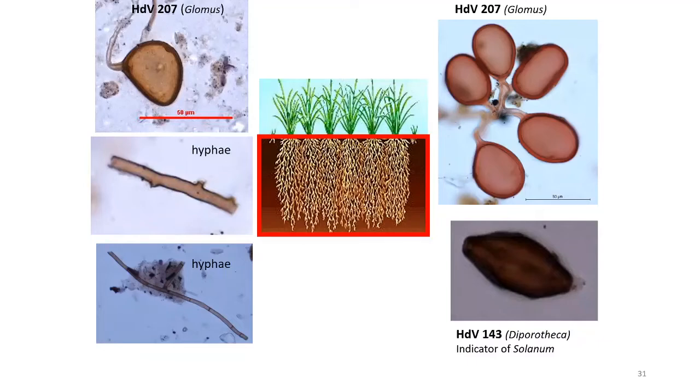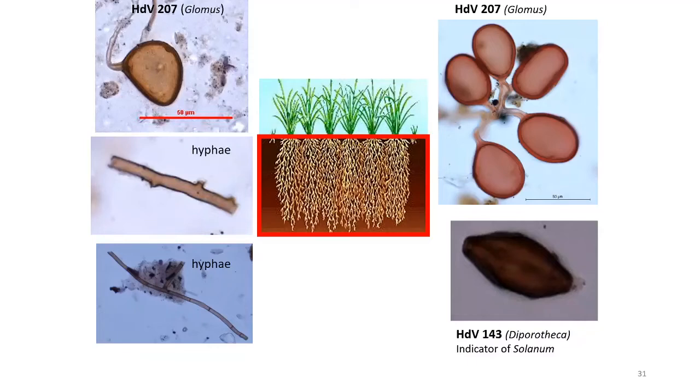and the Glomus HDV 207 spores are also formed under the ground within the roots, like also Diporotheca HDV 143, which is an indicator of Solanum or potato, or other species.